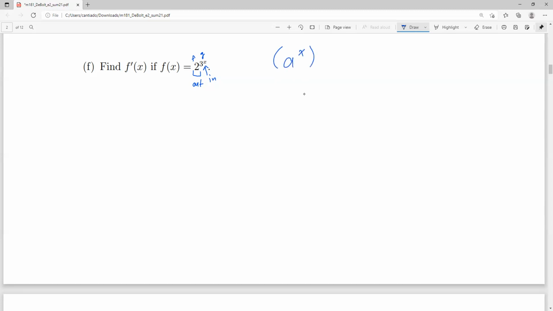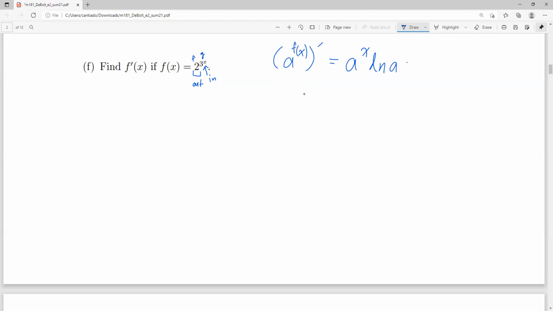Well, in case you don't remember, the derivative of some base a to the power of x is going to be a copy of it. So you write the same thing, multiplied by the natural log of the base, so the natural log of a. Then let's generalize it.